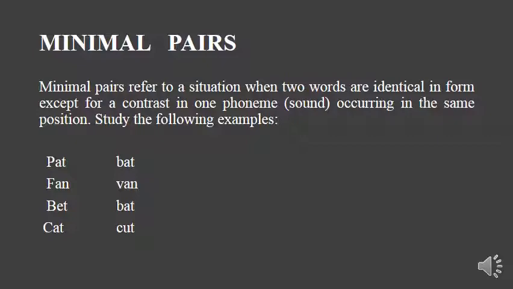In the last example on the slide, cat and cut. Cat is C-A-T, while cut is C-U-T. So we can see that in cat and cut they have the same form but different vowels used.